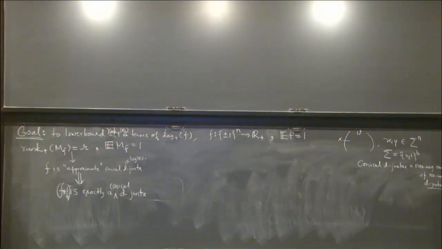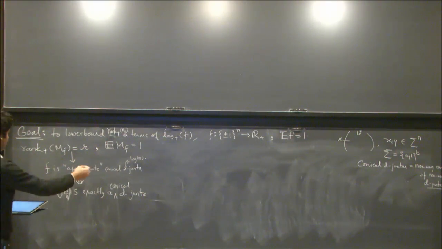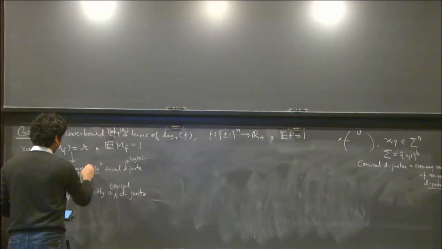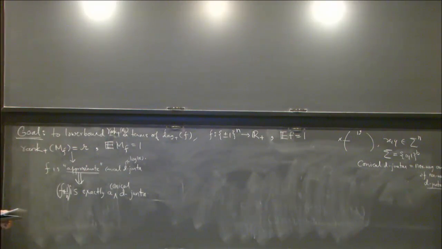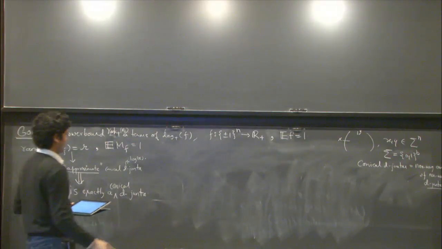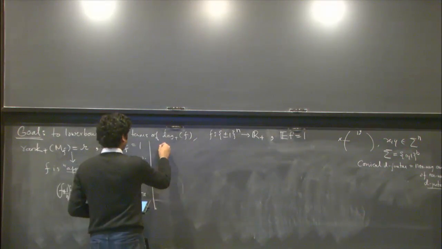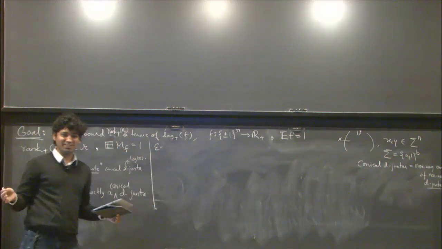So those will be the two steps we will do. Let me define what approximate conical d junta means. Just two definitions before we get going.